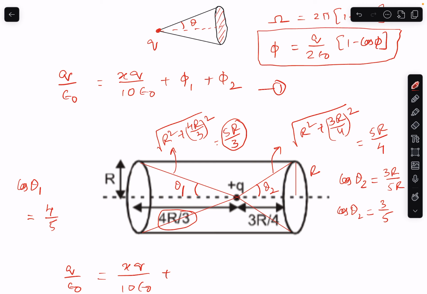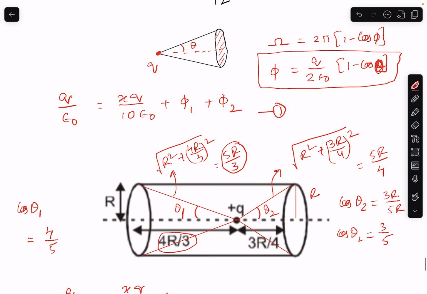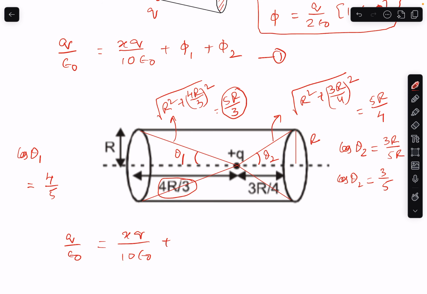Sorry, this angle should be θ. So Φ₁ can be written as Q/2ε₀ (1 − cos θ₁), where cos θ₁ is 4/5. Similarly, Φ₂, the flux coming out of the circular surface on the right, will be Q/2ε₀ (1 − cos θ₂), where cos θ₂ is 3/5.